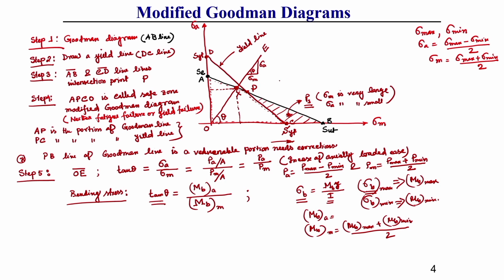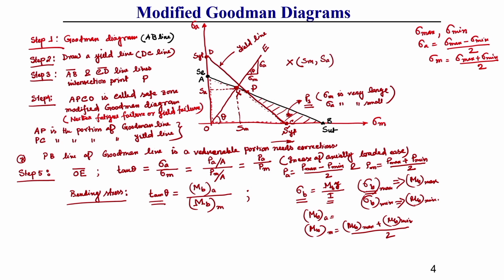Let this point x have the coordinates S M and S amplitude. Always keep in mind that we should take the point which is cutting the outer line of the modified Goodman diagram. So it will have the coordinates S M and S amplitude.